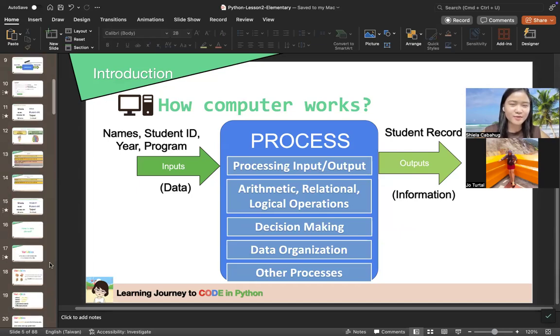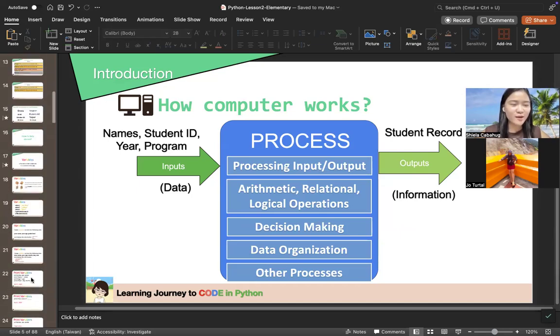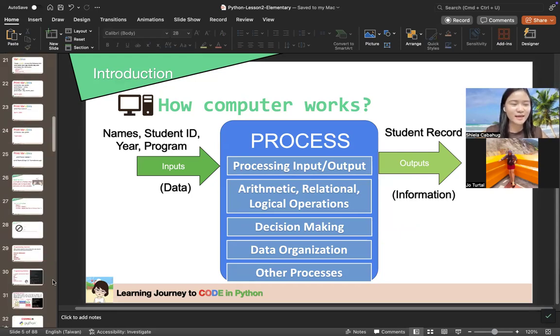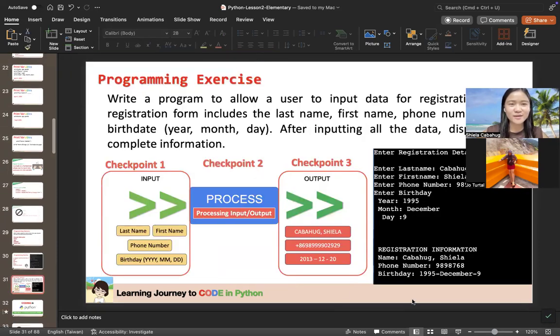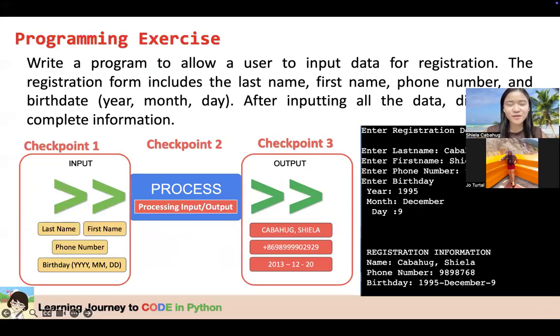For the rest of the time, you can practice first by reviewing this. I have an exercise for you where, using input and variables, you ask for information such as the last name, first name, phone number, and birth date.